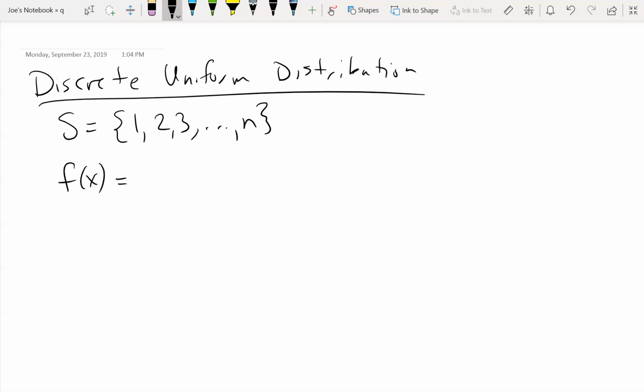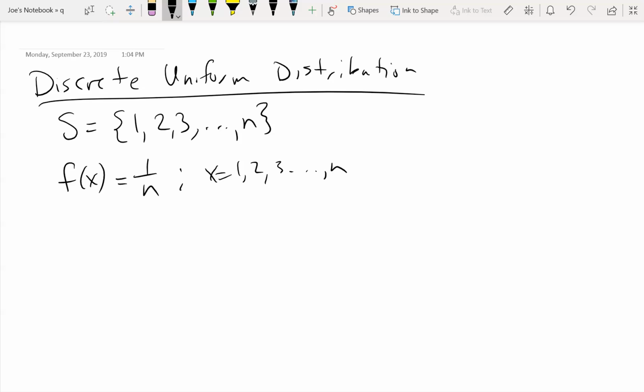No matter what you plug in for x, what do you get out for the probability? Well, you've got n things to choose from, and you're choosing one of them. So the probability is 1 over n, right? That's how it's going to be equally likely. That's the PMF for the discrete uniform distribution.